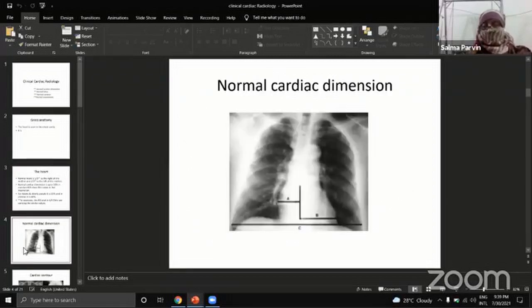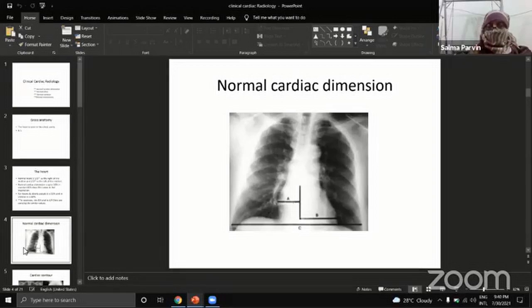The answer is here. You take a vertical line over the spine in the midline and measure the maximum convexity of the right heart border from that line and the maximum convexity on the left side of the line.